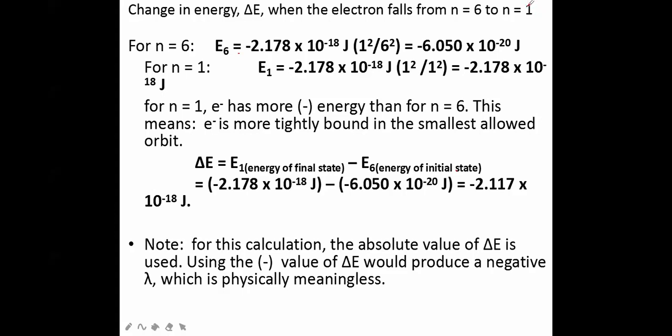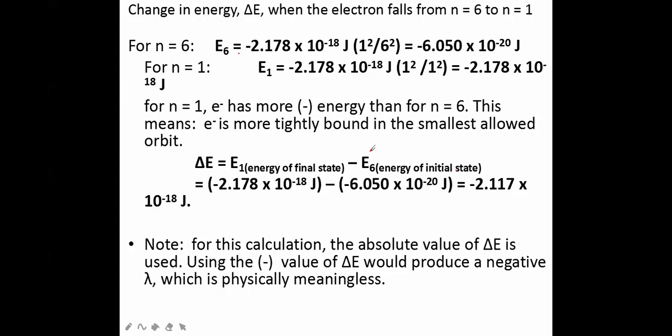Yes, the second part: for n equal to 1, at energy level 1, the electron has more energy than for n equal to 6. Which charge are we talking about? The Z? Z is the atomic number. We're looking at the hydrogen atom here. Z is the atomic number. All right, so far, so good.